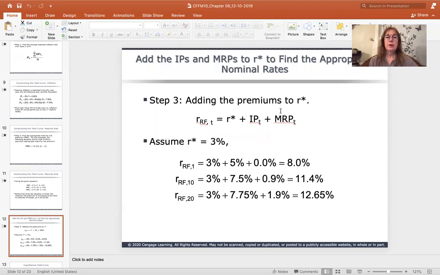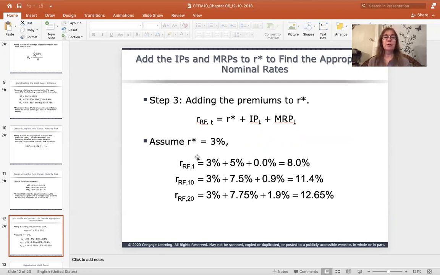Okay, so now they're asking to add up the inflation premium and the maturity risk premium to find the nominal rates of return on a 1-year treasury bond, a 10-year treasury bond, and a 20-year treasury bond. And they're saying to assume that the real risk-free rate is 3%.